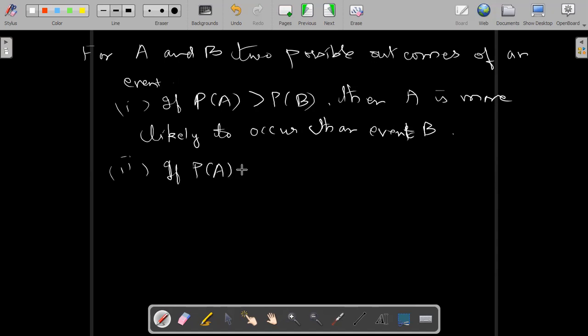In our questions we are always taking equally likely events. So P(A) is equal to P(B), then A and B are equally likely events.